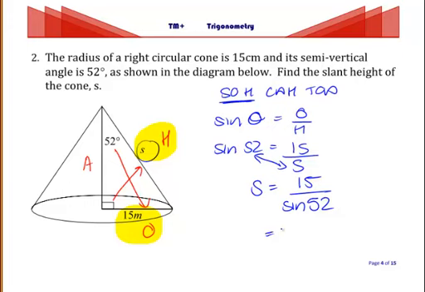So 15 divided by sine of 52 gives me, again it's approximate, 19.04, and we're in centimetres. Note correction here that 15 metres should have been 15 centimetres. Okay, so we would finish with a therefore statement. Therefore, the slant height is approximately 19.04 centimetres.